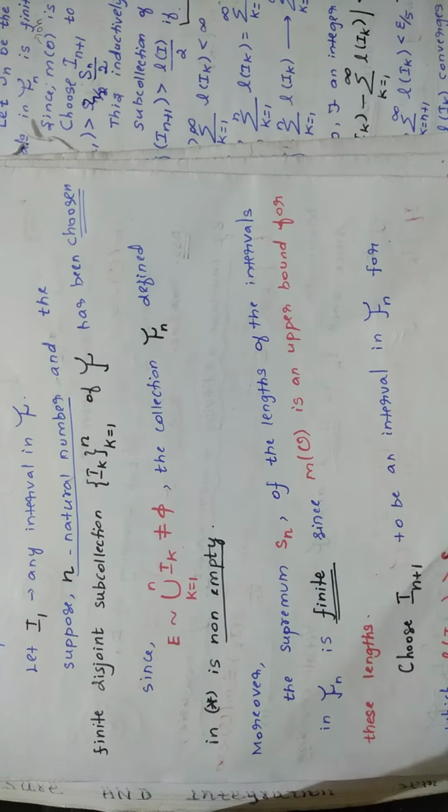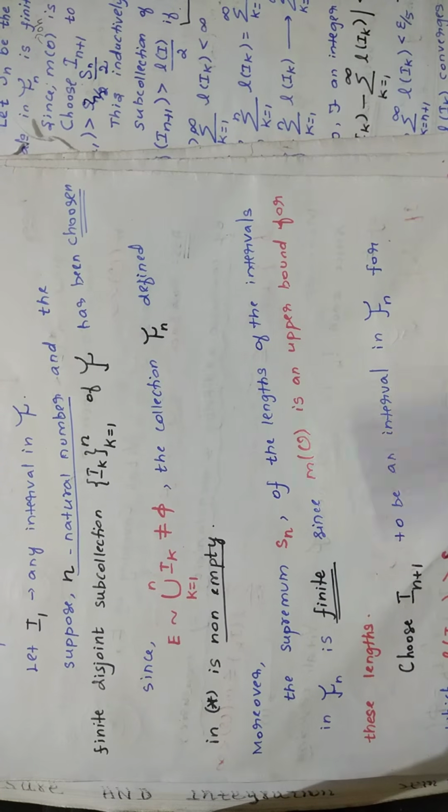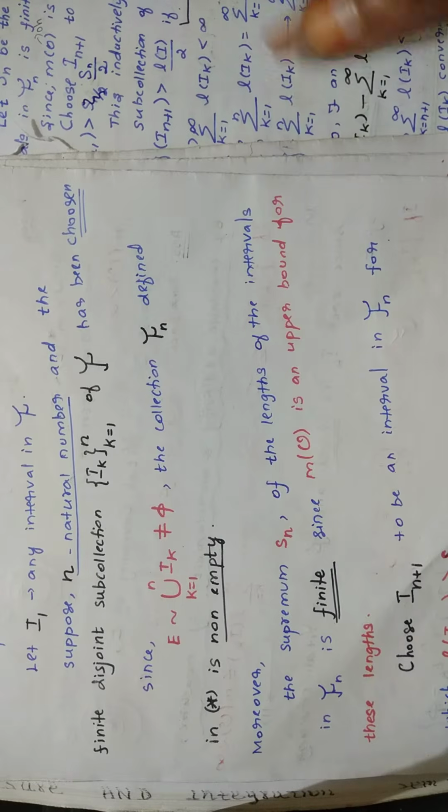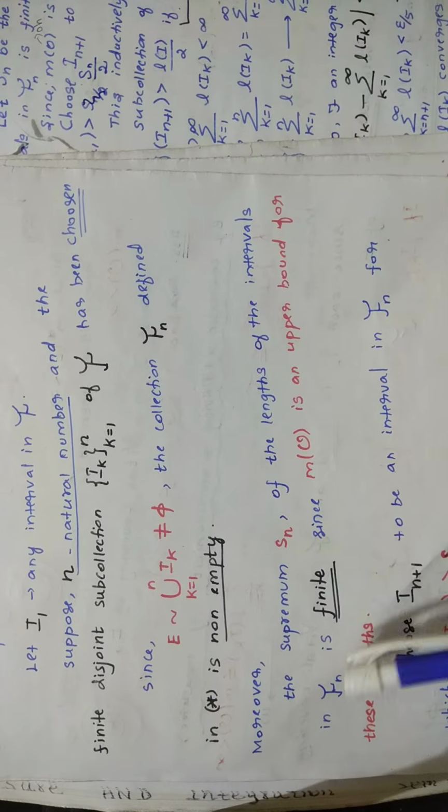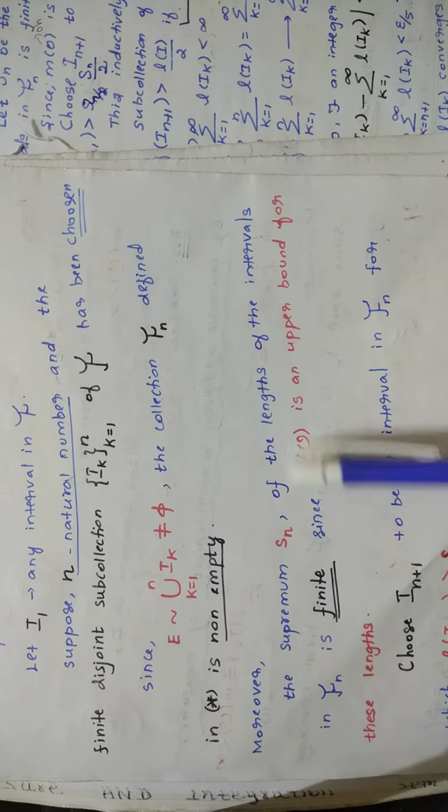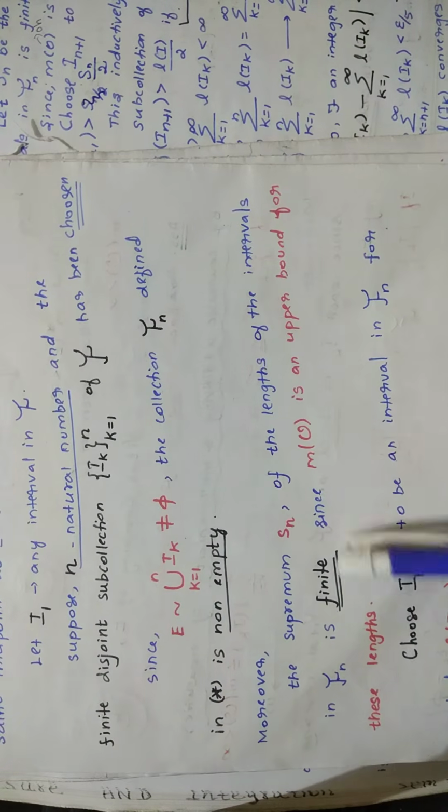Moreover, the supremum Sn, now you are introducing some other thing, that is Sn. Sn is the supremum, here you are denoting it as Sn, okay. The supremum Sn of the length of the intervals in Fn, that is you are having intervals in Fn and you will get the length of those intervals. From the length of the intervals you are taking a supremum value. The supremum value of the length is denoted as Sn. The supremum Sn of the length of the intervals in Fn is finite.